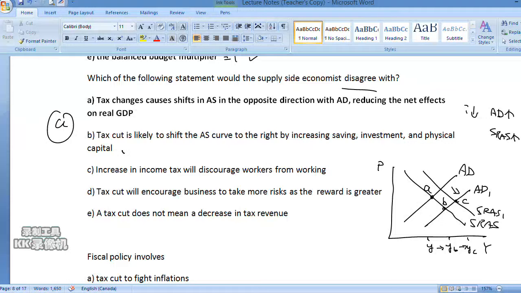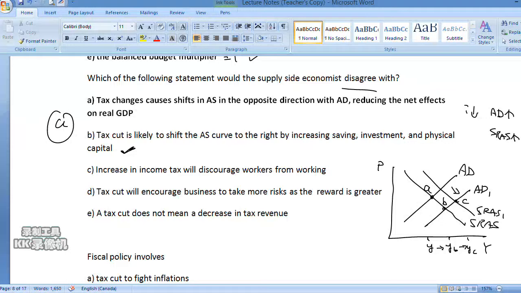That is true. So when there is a tax cut, the savings in the market for loanable funds is going to increase, interest rate is going to go down, and the AS curve will shift to the right. Mainly because now laborers become more productive by having more physical capital.